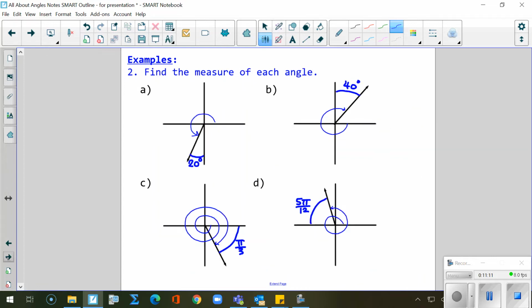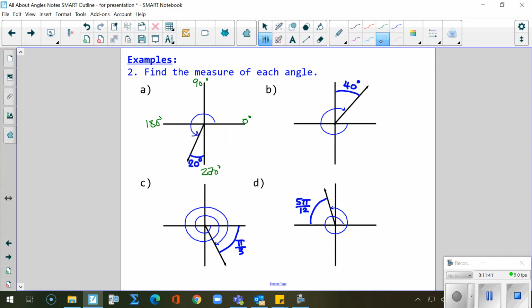Other type of question we will start you off practicing is finding the measure of the angle that's indicated by the arrow. Some information's provided to you. Again, it's helpful to use some of our previous knowledge, 0 degrees, 90 degrees. Again, you don't have to label these unless you find it beneficial.